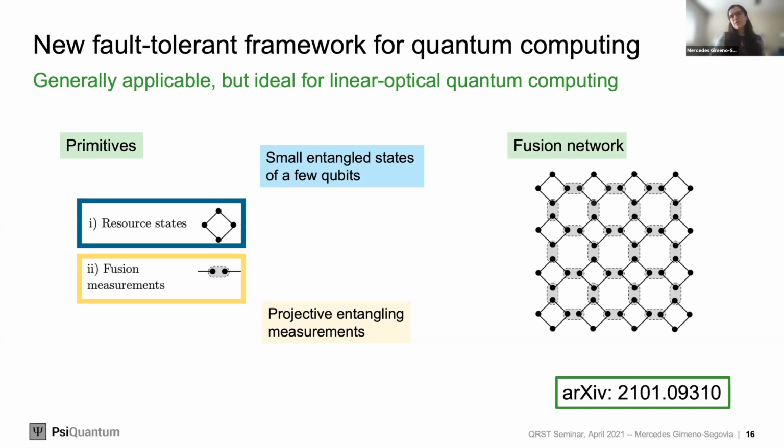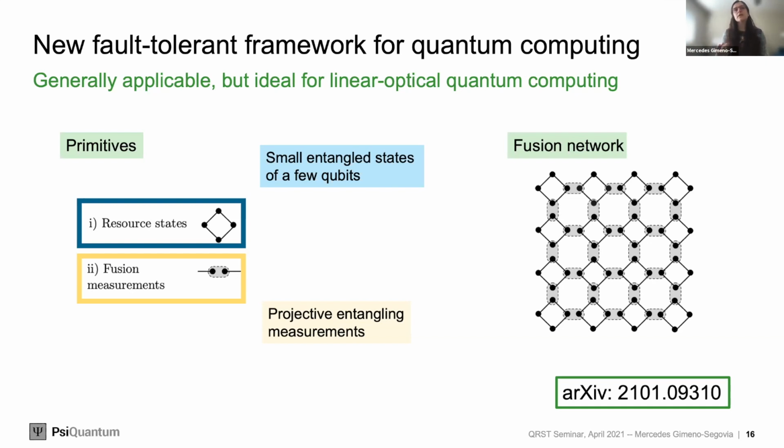Now, the structure of this fusion network is really designed such that we are doing the entangling measurements, which create this long-range entanglement across this lattice, but at the same time they're providing the outcomes that we need in order to compute the check operators of the error correcting code that is implemented.